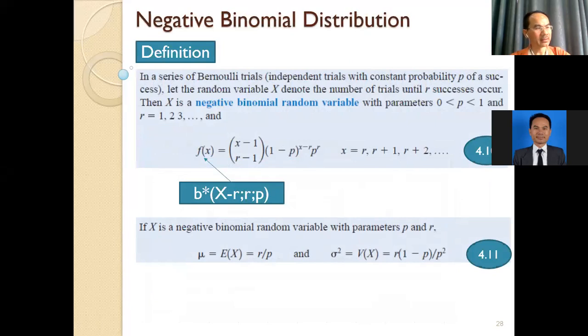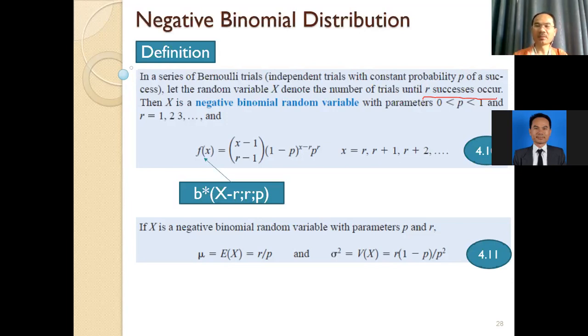And the next distribution that I will talk about is the negative binomial distribution. For this case, we let X be the random variable, the same. But we run until success. R is the number of successes, R equal to 1, 2, 3, 4, 5, something like this.